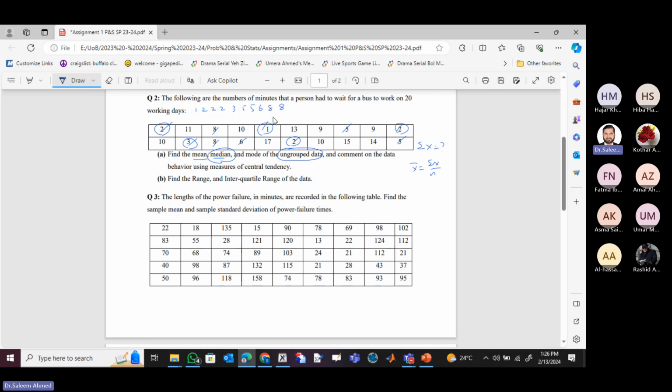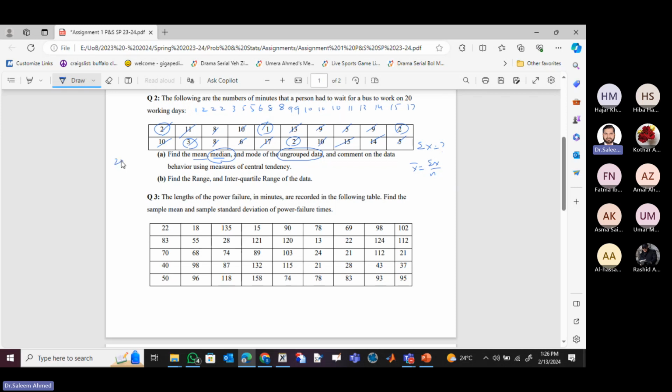Two 8s are there, and then 9, 9. Two 9s are there. Then 10, 10, 10, three 10s are there, and then 11, 13, 14, 15, 17. So this is the array of the data, 20 values.